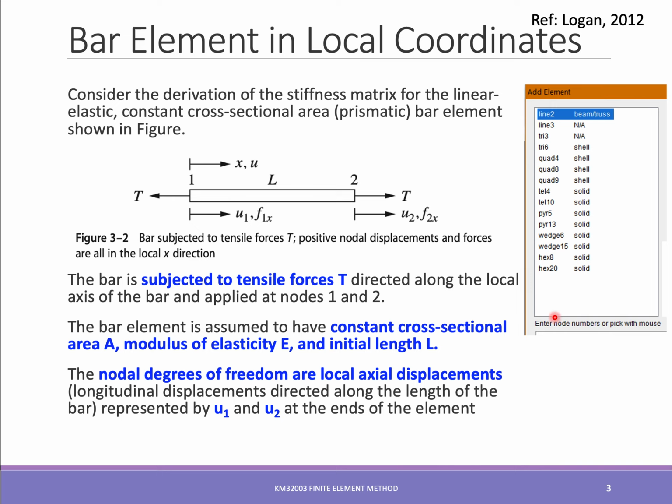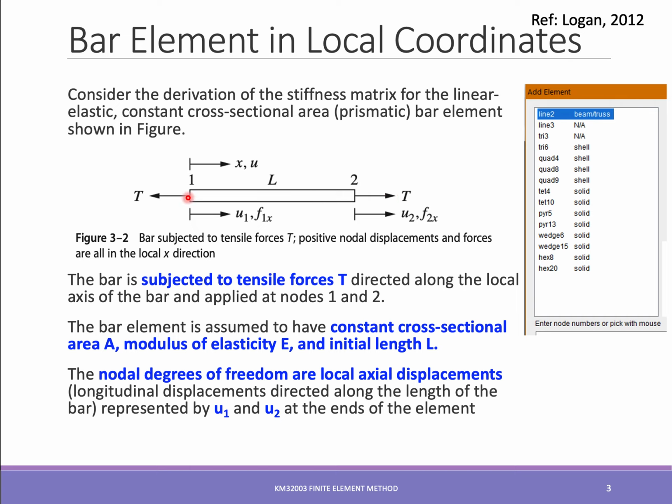There are a lot of elements, and the first element that you can see there is the beam or the truss type of element, and that is related to the bar element, which involves only two nodes. A straight line with two nodes, node number 1 and node number 2. So this is a bar element.